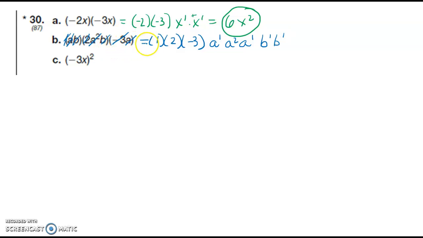So I think that covers all of them. 1 times 2 is 2, 2 times negative 3 is negative 6, and then this is going to be a to the 1 plus 2 plus 1, which is a to the 4th, and then b, 1 plus 1, b squared.